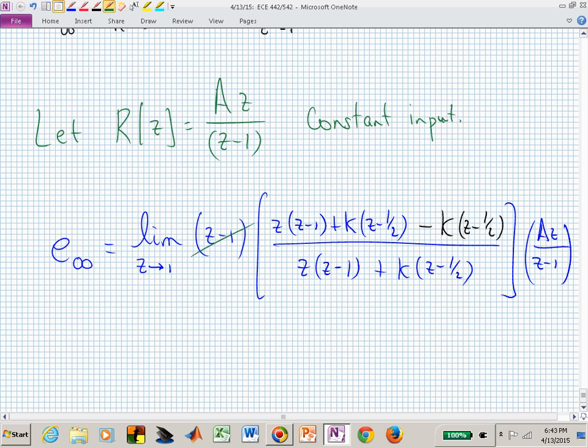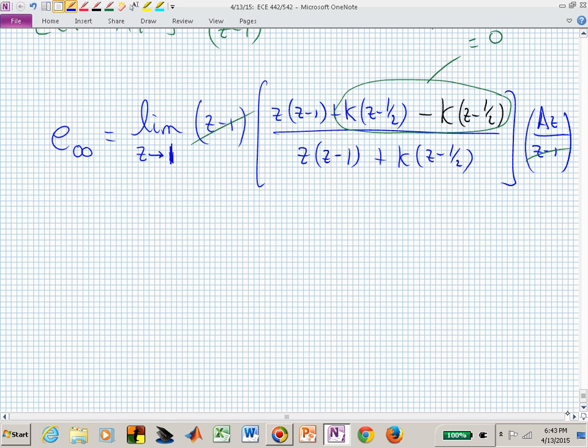This z minus 1 can cancel that z minus 1. That's pretty clean. That now disappears. And we're looking at the value of that expression as little z goes to 1. And the only thing left upstairs is z times (z minus 1).